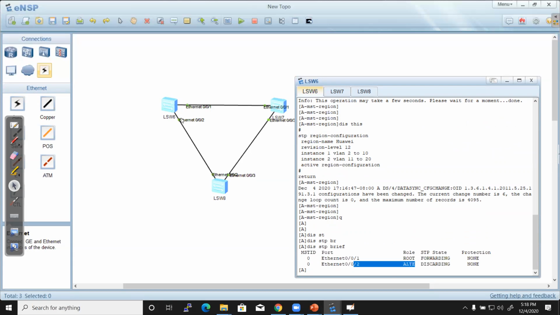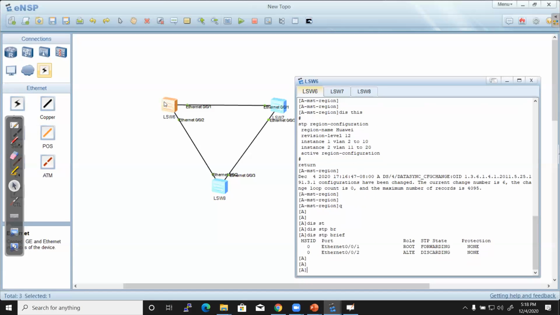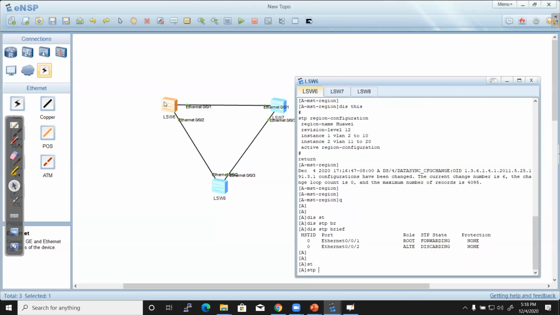All right, we didn't configure the priorities. So I want this switch as the root bridge so that we would be able to see the result.